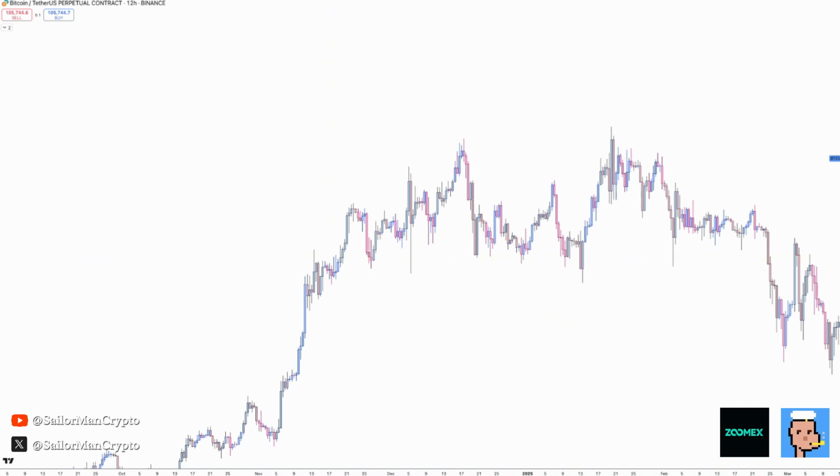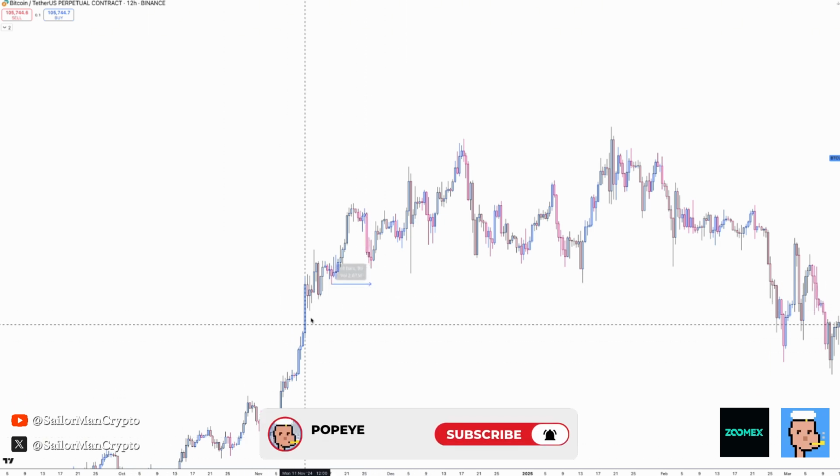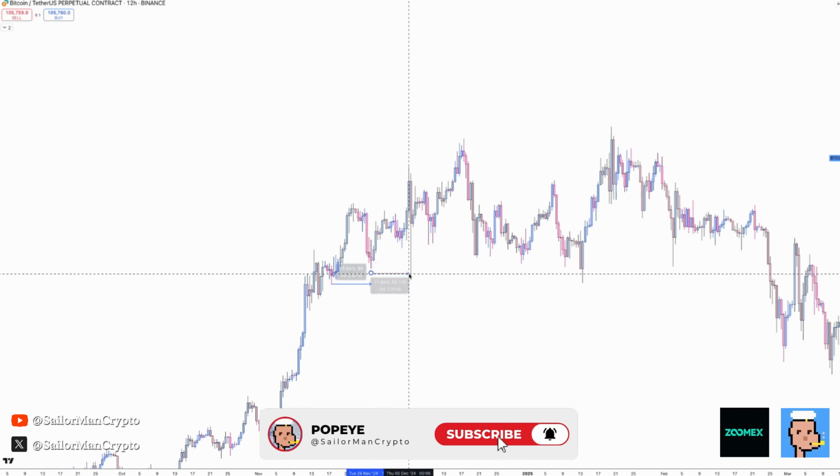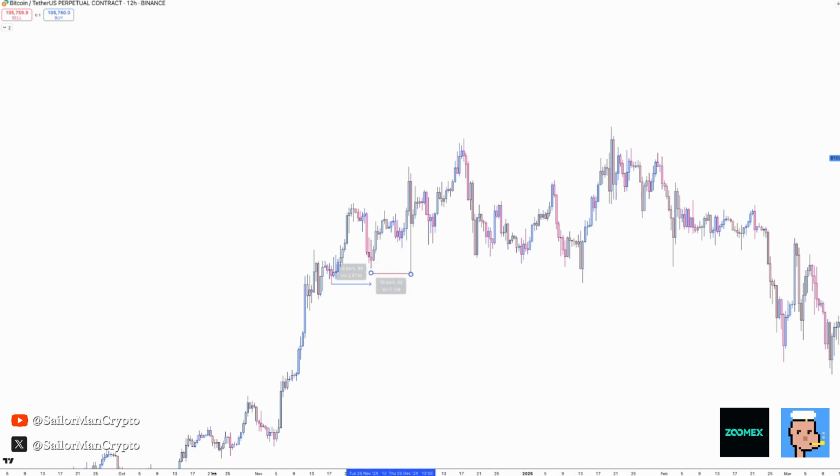Time-wise, you can see more or less that each drive had the same distance. If this was the first drive, it was 18 bars. If this was the third drive, it was 18 bars. Actually, they are almost all the same. The third is probably just a little bit longer. If this was the third drive, it was 23 bars.